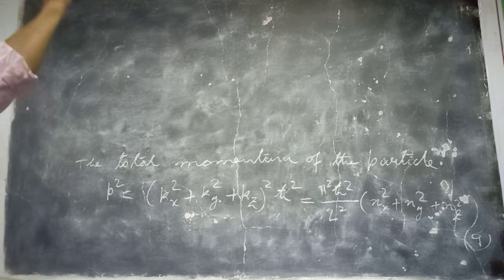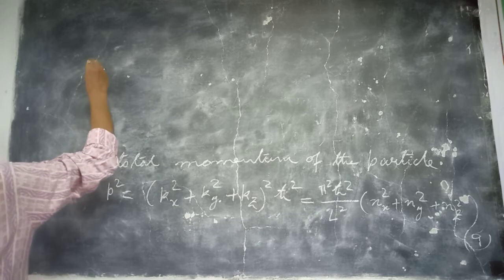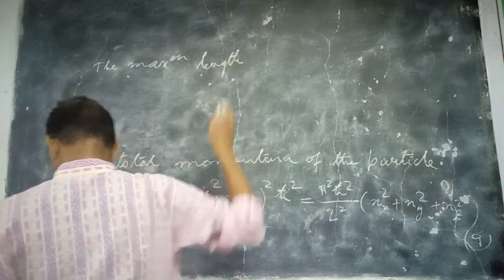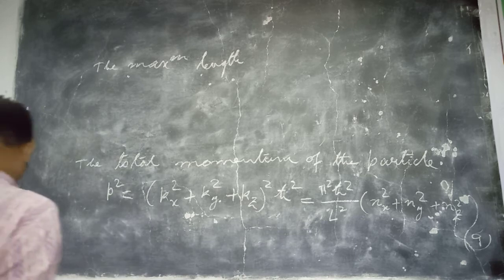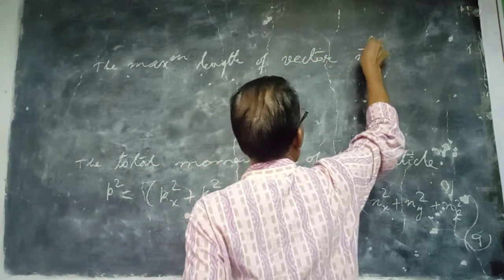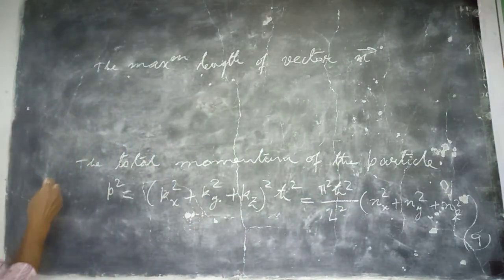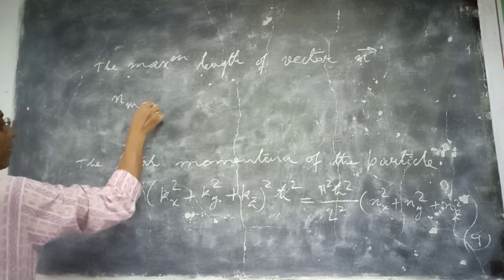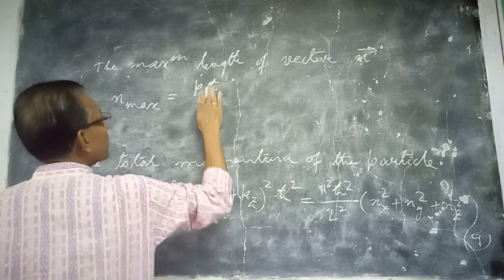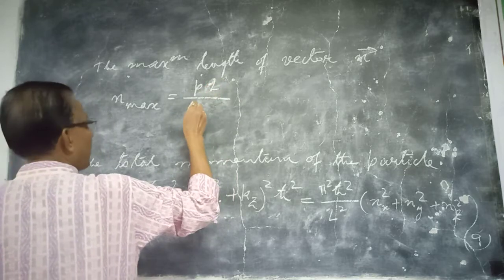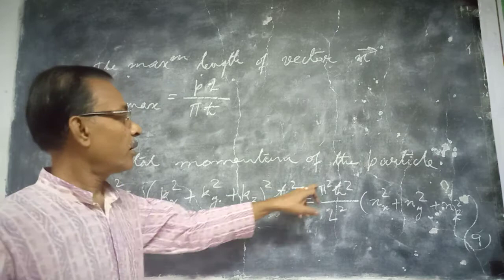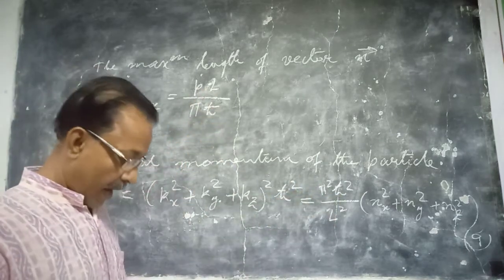So the maximum length of the vector n is n max, which is equal to pL by pi h cross, because n square is equal to p square L square by pi square h cross square.